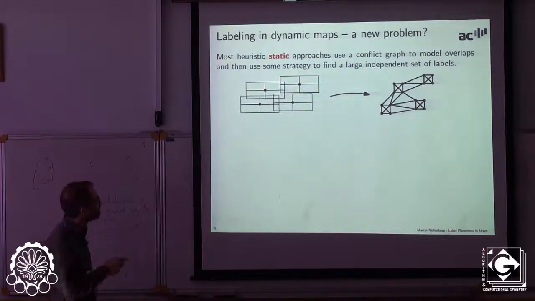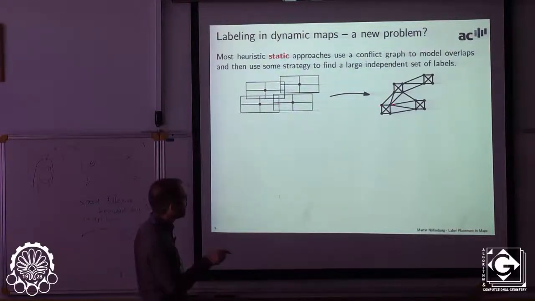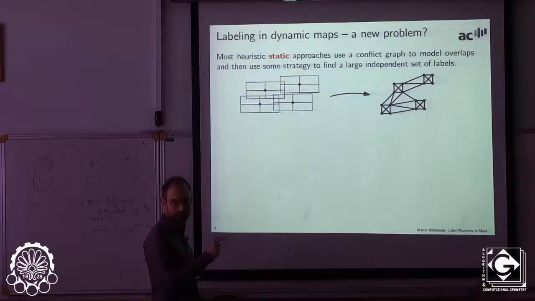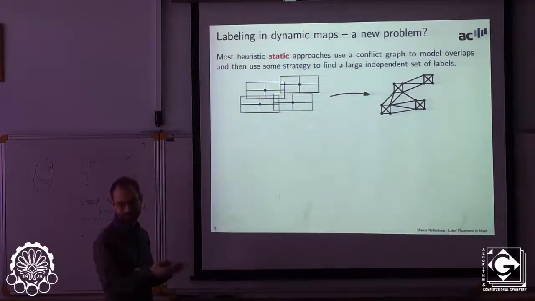Yeah? So if we represent every one of these rectangle candidates as a vertex in the graph, and we add edges if these 2 label candidates cannot be chosen together. Then you see for each label feature we have a small K4 graph here, simply meaning that you don't want to place the same label twice. So you need to choose at most 1 vertex from each K4.